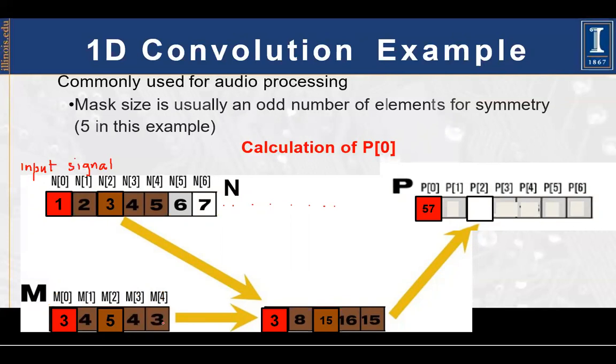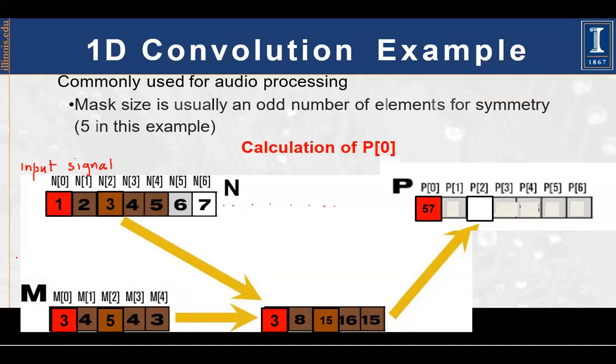You can see this is the mask: m0, the zeroth coefficient, then first, second, third and fourth coefficients. So the mask has these 5 values. I have an input signal, a very large signal, that I name N, and it starts from N0, then N1, N2, N3, N4, N5, N6, and continues.